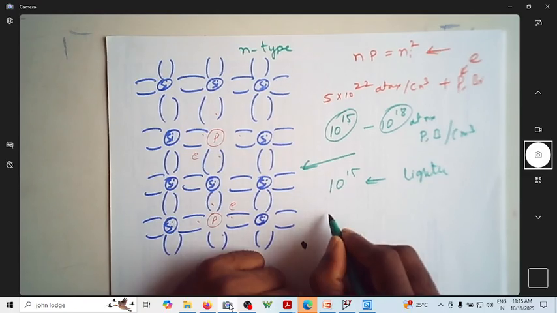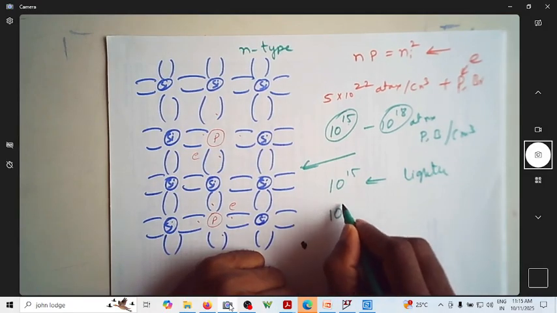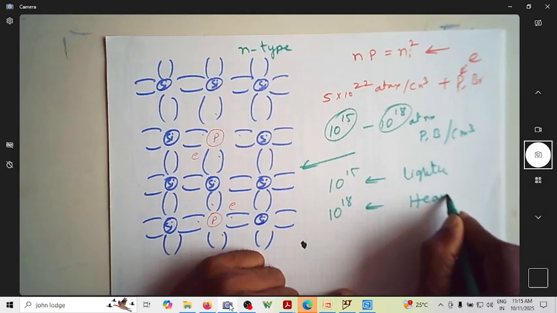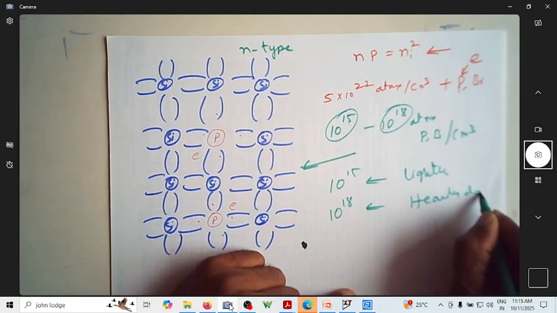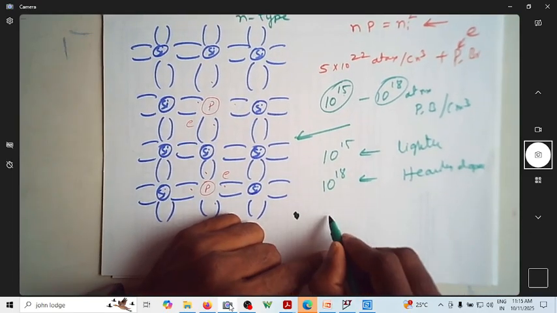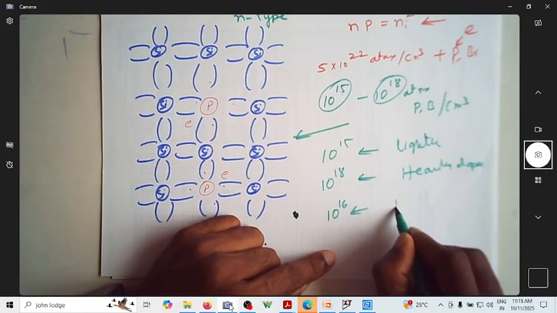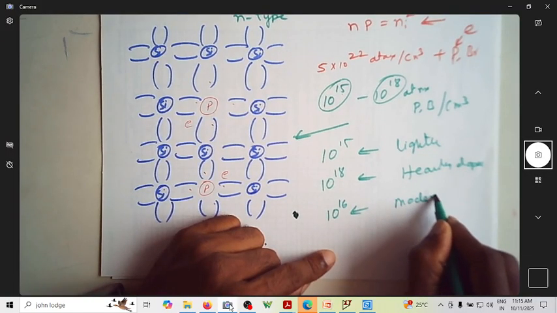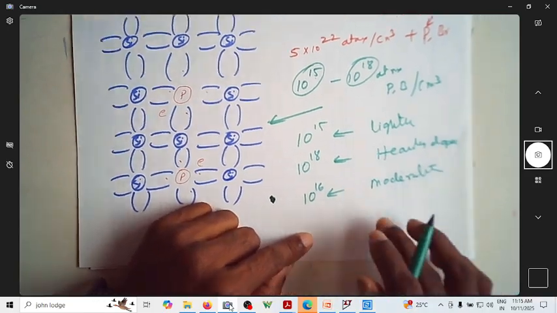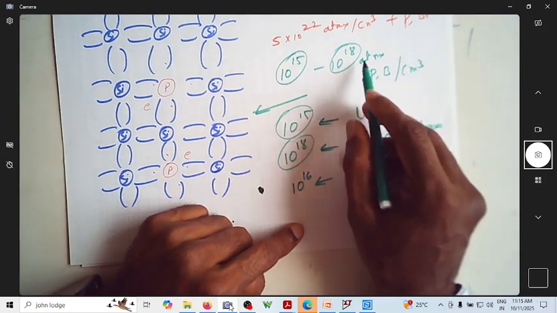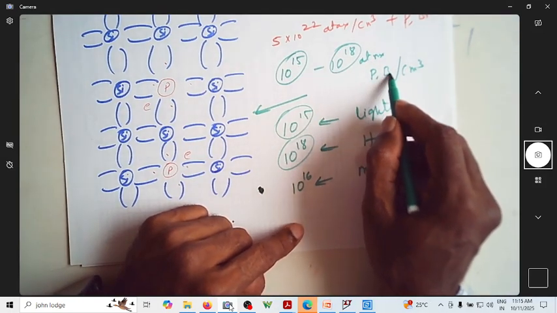If it is 10 power 18 added, it is called a heavily doped semiconductor. If it is 10 power 16 or 17 doped, I say it is moderately doped.